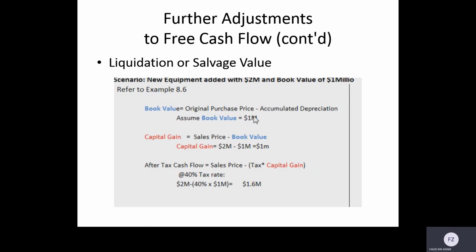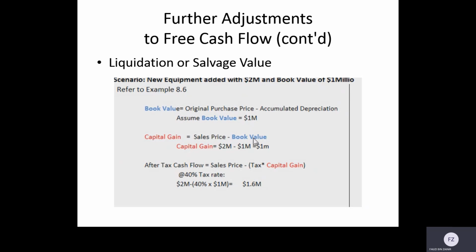And then if Link6 were to sell the equipment immediately, how much is the capital gain?